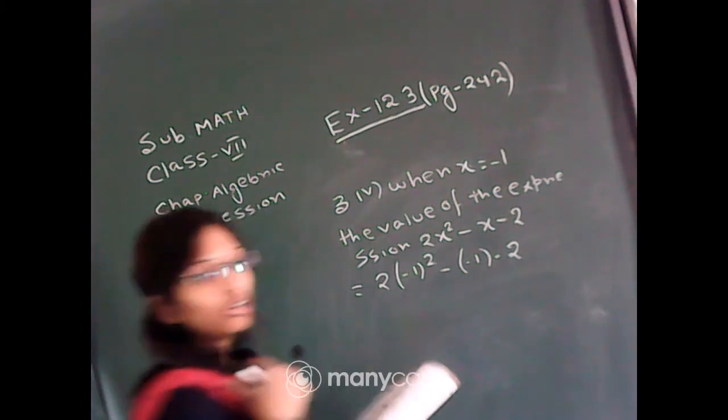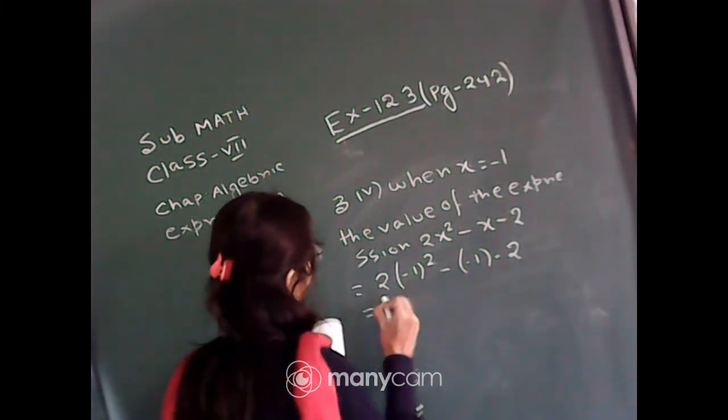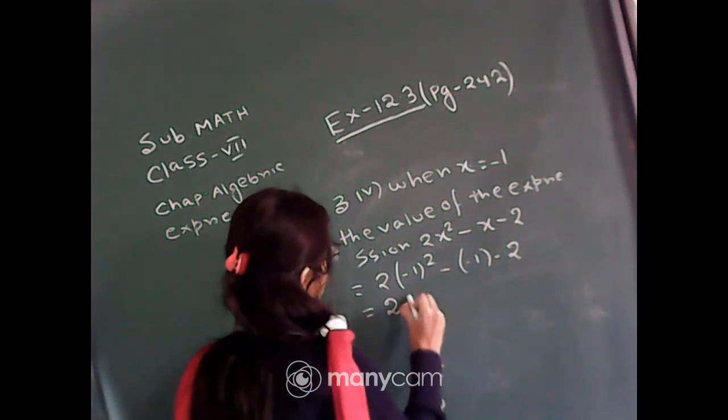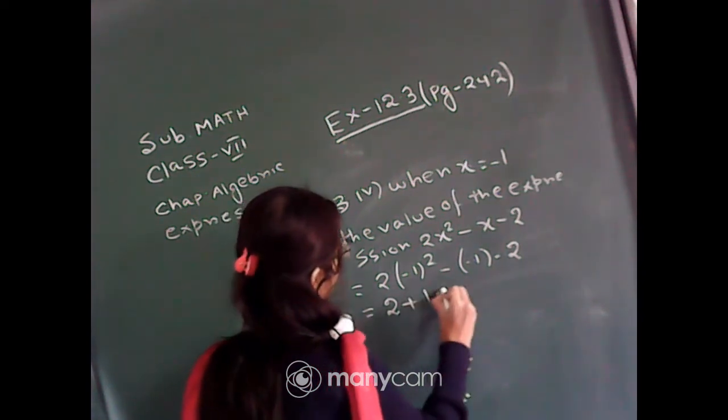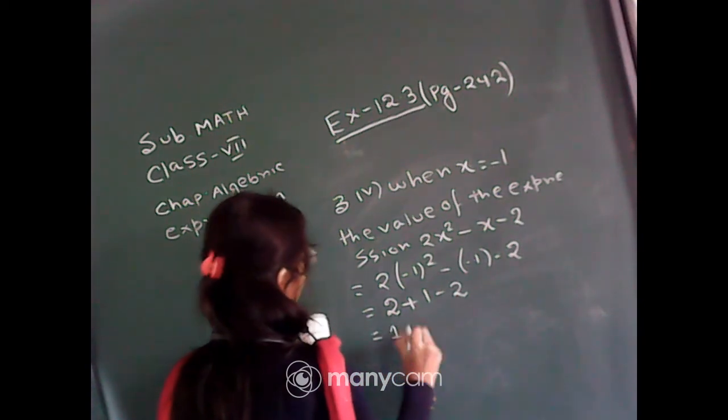Now we all know that minus 1 whole square is equal to plus 1. Therefore, this is equal to 2 plus 1 minus 2, and the required answer is 1.